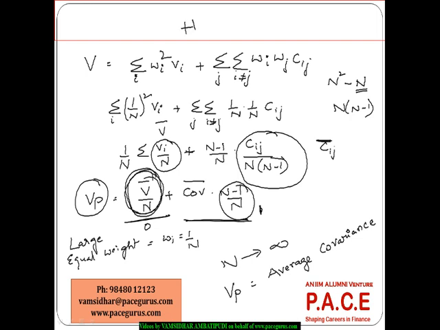If I see correlation close to +1, there is nothing called diversification. But as I am able to reduce this correlation from +1 towards lower values, I'm getting more and more diversification. The more the correlation moves away from +1, the more is the diversification benefit that we are getting.